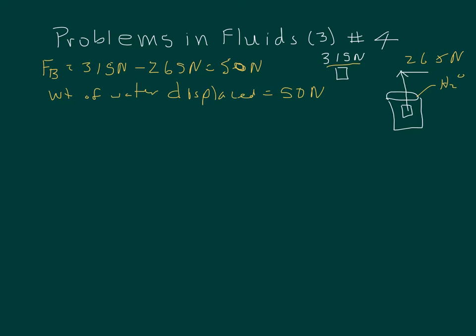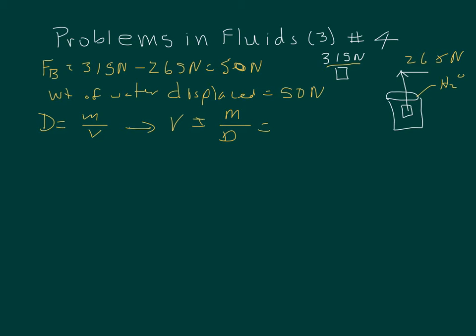Let's find out what volume of water is displaced. That will tell us the volume of the object, because they have to be the same. The volume of the object is the volume of the water it displaces, and vice versa. So we know the density, we're talking about the water here, is the mass per unit volume. So if I would like to find the volume, I take the mass and divide it by the density.